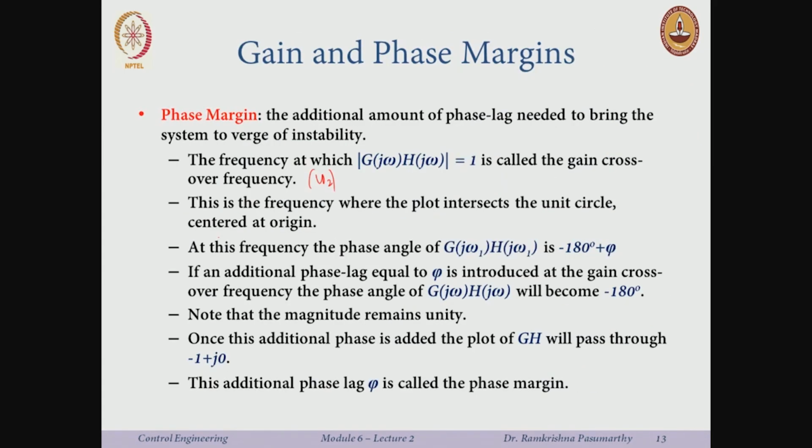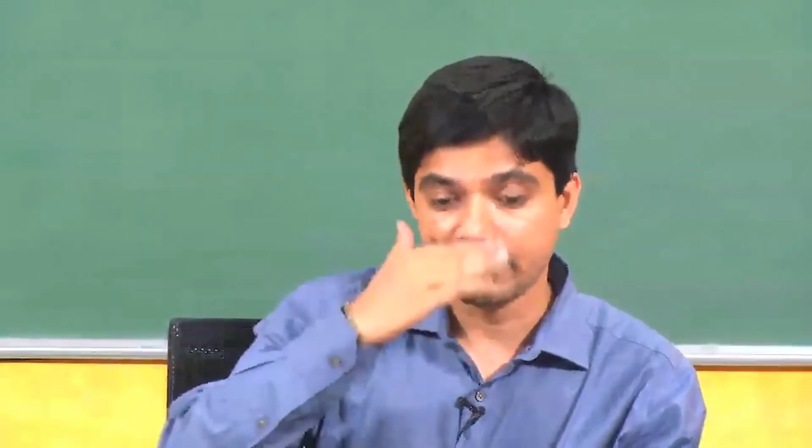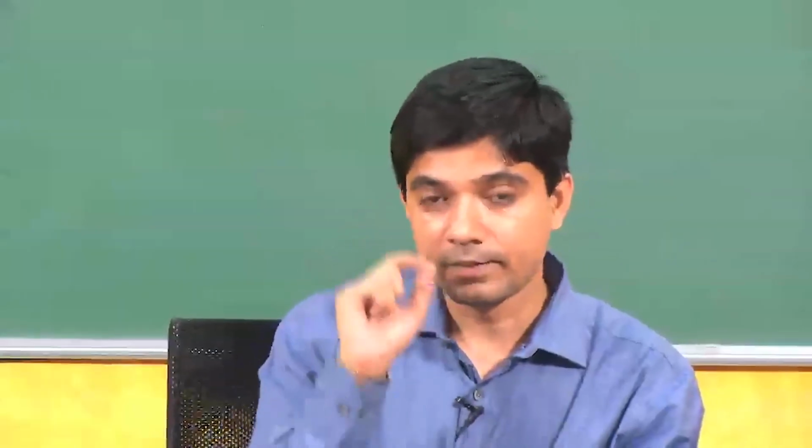And while I am doing this along that unit circle, the magnitude remains unity, right? The magnitude remains 1, and once I reach that point where the angle is -180, what will be GH then?